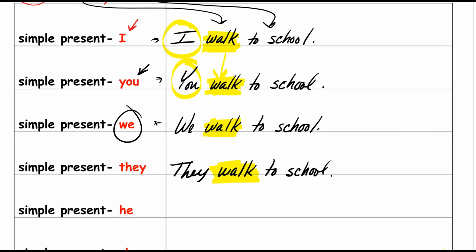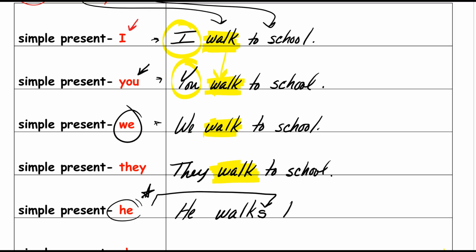After they, we have the word he, the pronoun. He, W-A-L-K, and here is the change. He walks to school.